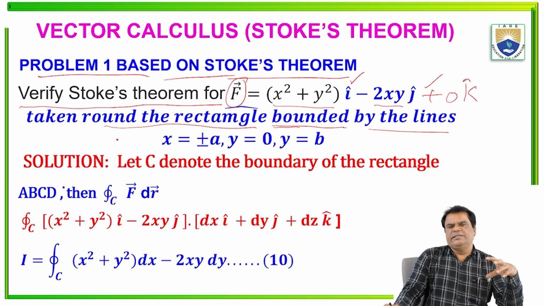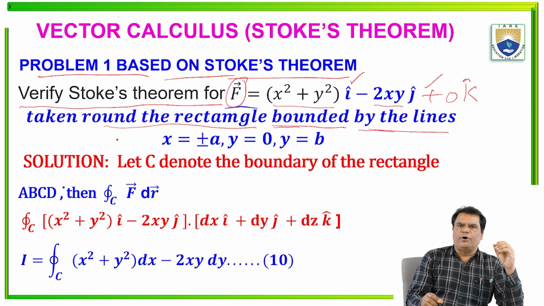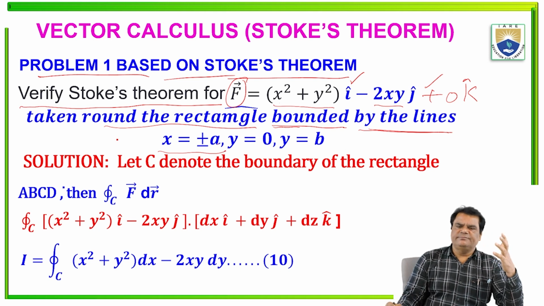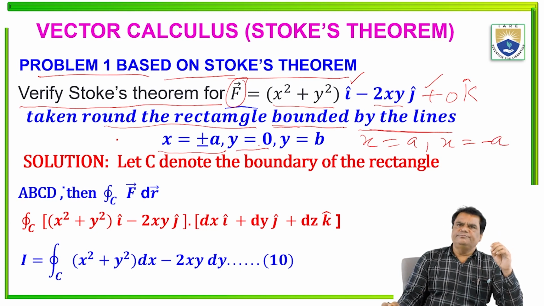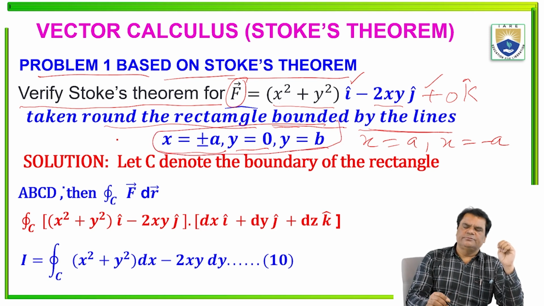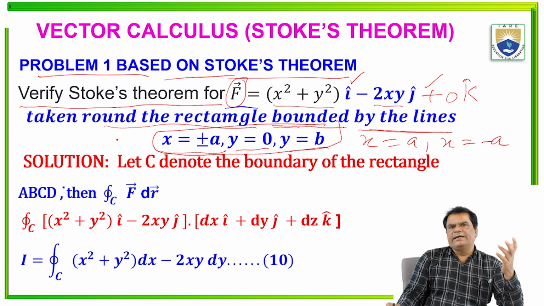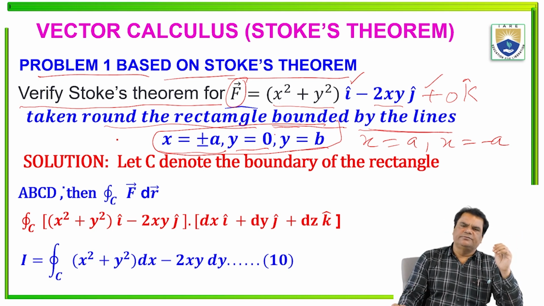Our curve is in the form of a rectangle, that is represented by curve C. A rectangle is always a curve. It is bounded by the lines: first, x equal to plus minus a, meaning x equal to a and x equal to minus a; and y equal to 0 and y equal to b. These are the boundaries. We draw our diagram with the help of these boundaries.